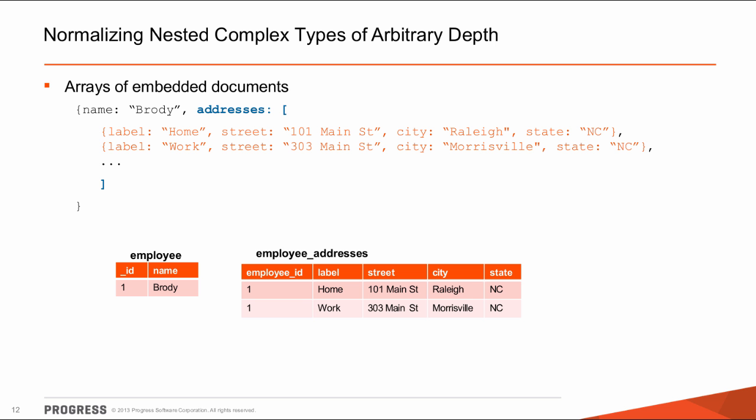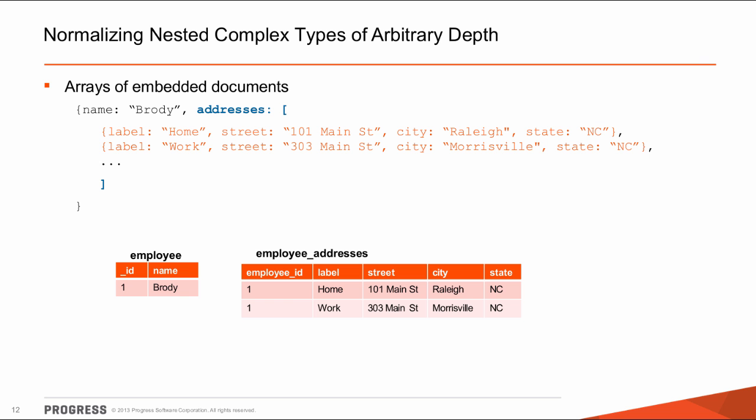So this is an example of a deeper JSON snippet, and this could as well be normalized into a child table, where you've both normalized and flattened, in the sense that that home and work label is part of this employee address child table along with the array instance address subdocument.